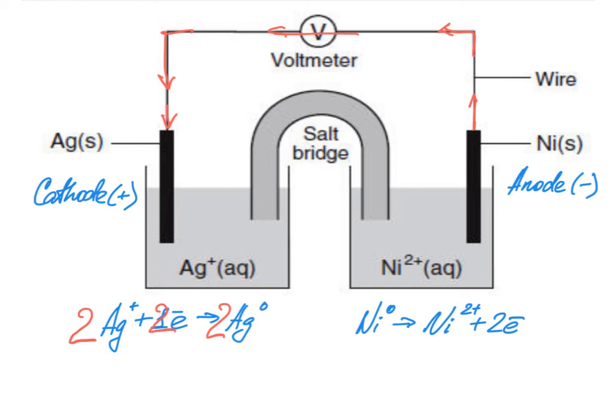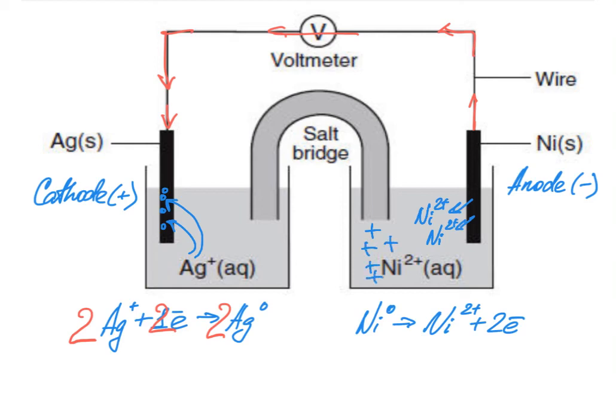We can predict that over time there will be increase in the concentration of nickel ions in the solution on the right. And we also can predict that there will be decrease in the concentration of silver ions in the solution on the left. Increase in the concentration of nickel ions will build up the positive charge in this solution on the right.